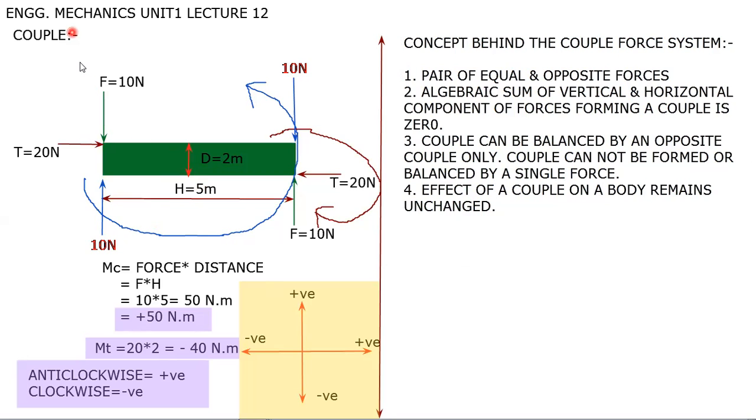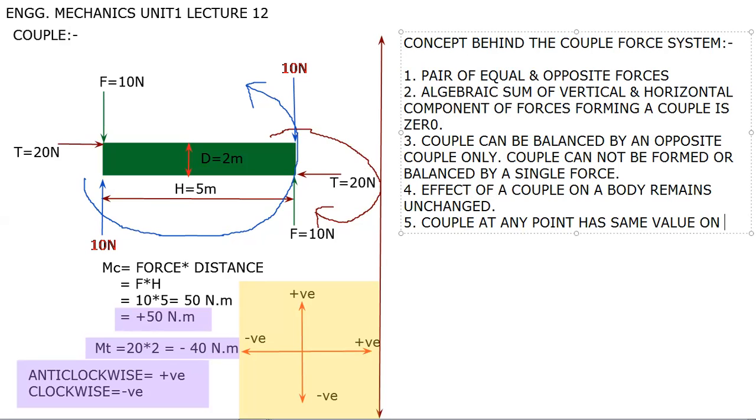Now, the next characteristic is the most important characteristic, the fifth characteristic: a couple at any point has the same value on a body, irrespective of its point of action.